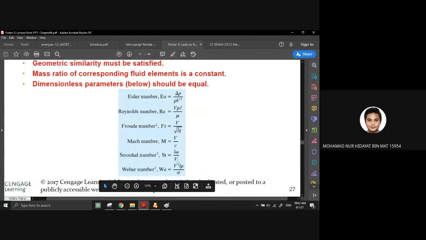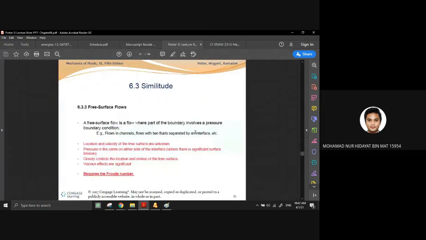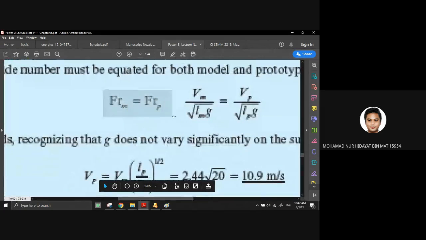Weber doesn't have gravity, Euler number doesn't have gravity. Only the Froude number, which is Fr equal to V over the square root of Lg. This gravity is dominant in the free surface flow. That's why they equate the Froude number of the model to the Froude number of the prototype.